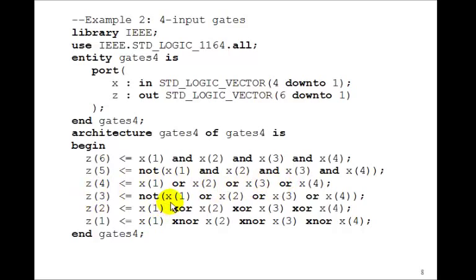Z3 is the NOR gate, not OR. Z2 is the exclusive OR gate, 4 inputs again, and Z1 is the 4 input XNOR gate. So that's all there is to it. Just write the 6 logic equations in terms of the inputs X and giving the outputs Z.